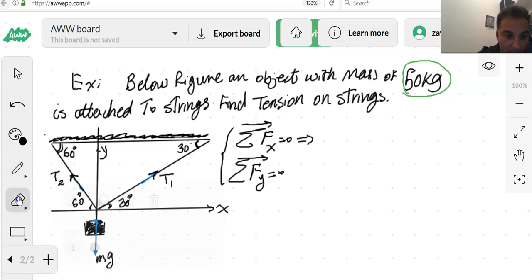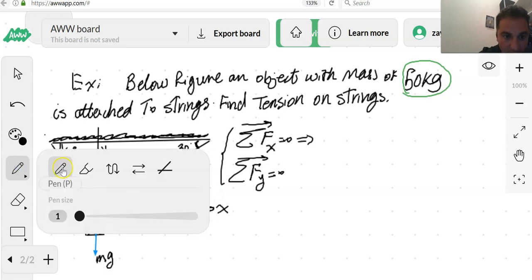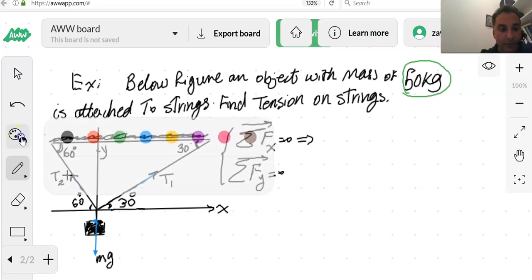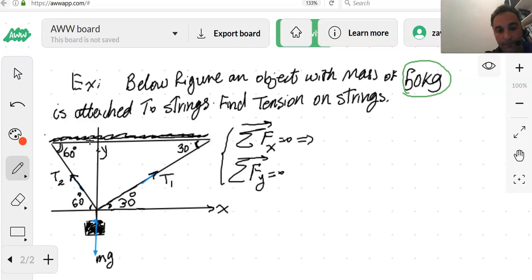Okay, let me erase this. So this will be 30 degrees, correct? Okay, let's verify the forces one by one. For tension 1, this will be T1 cosine at 30 degrees, correct?